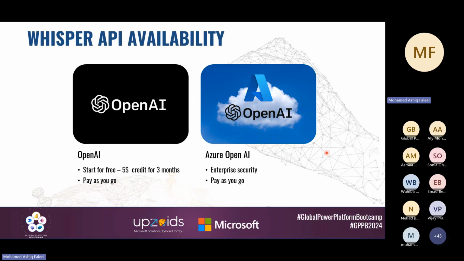It is a pay-as-you-go model. It is generally available. If you have access to an Azure subscription, you can now create an Azure OpenAI resource, and once that is created, you would be able to deploy a model, the Whisper model.